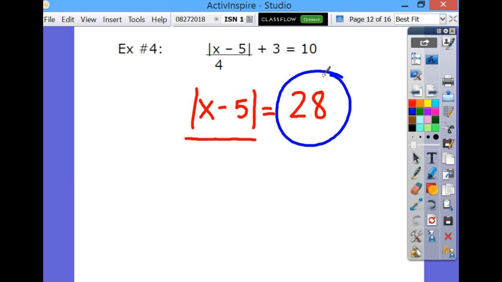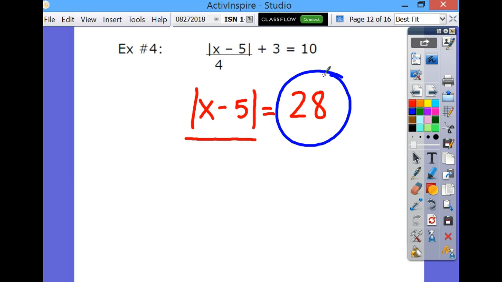Is that 28 positive? Is it a constant? What does constant mean? That was one of our vocabulary words on the first notes. Constant means it's going to always be 28.